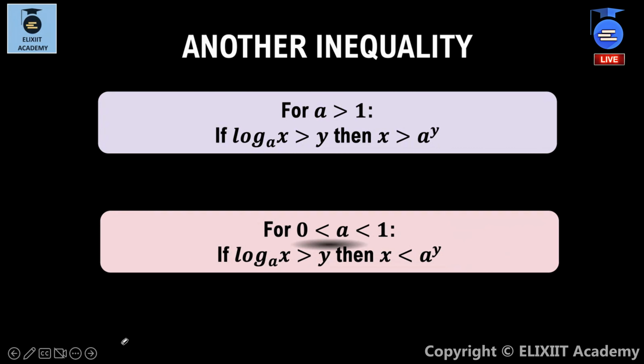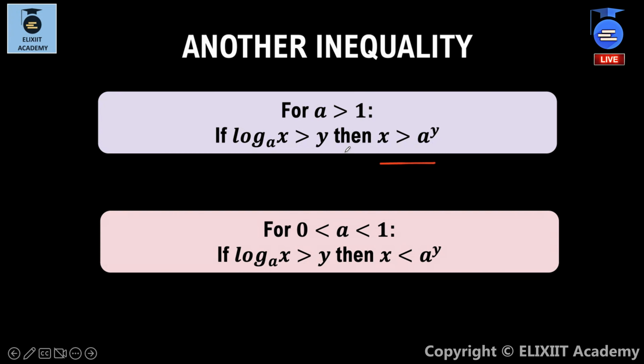What we have is converting log to exponential format. This is what we know in case of equality, isn't it? So for a greater than 1, if log x base a is more than y, then x is greater than a to the power y. Now, what is the concept actually?